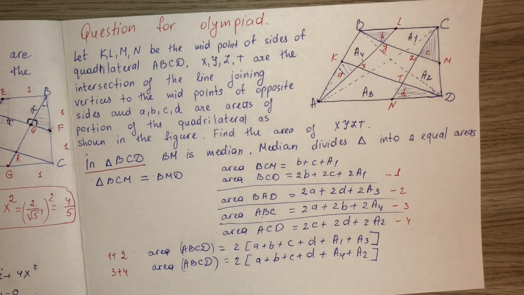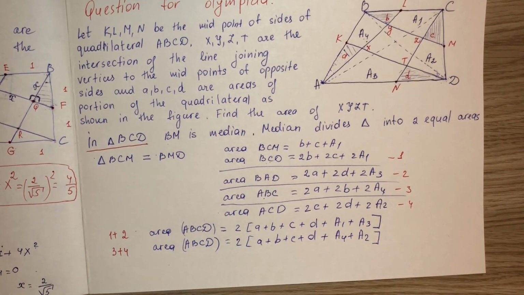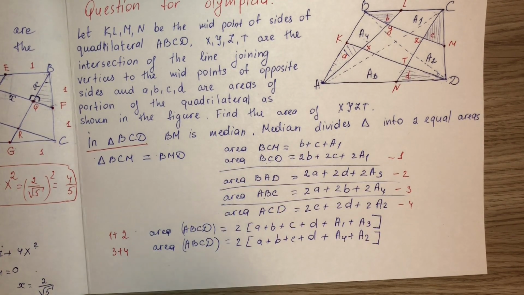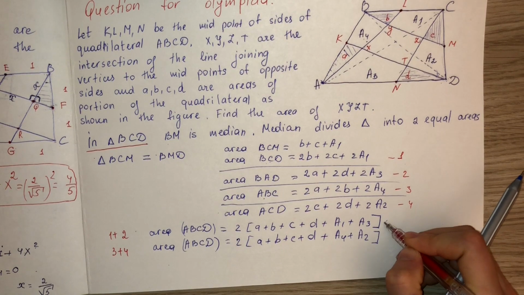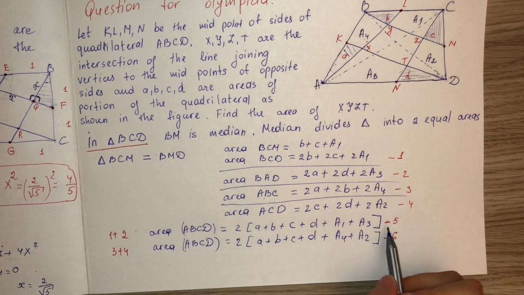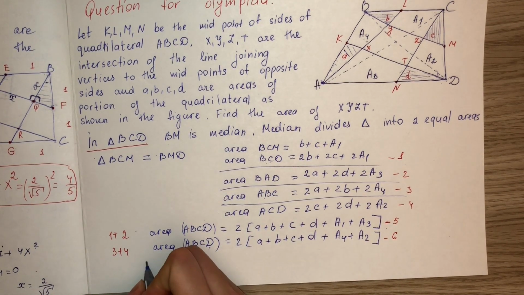Please look at these examples and try to understand what we will get. And let this equation be 5 and let this be 6. We know that the area of ABCD, it is also the area of ABCD, and we get that this equation is equal to this equation. Yes, 5 is equal to 6.